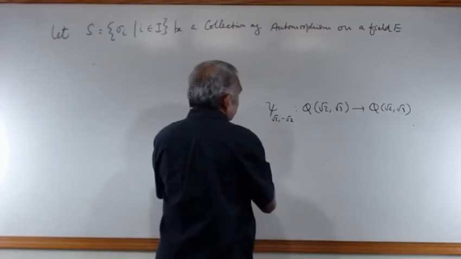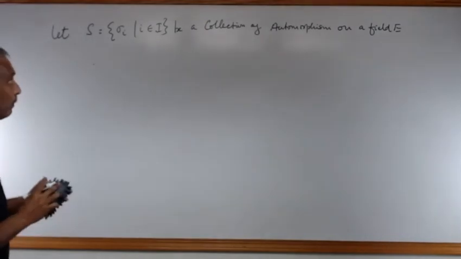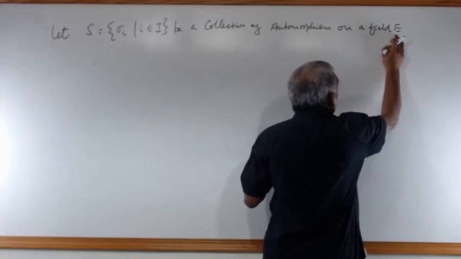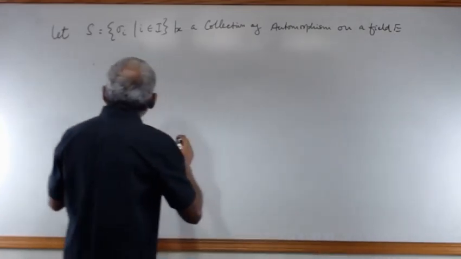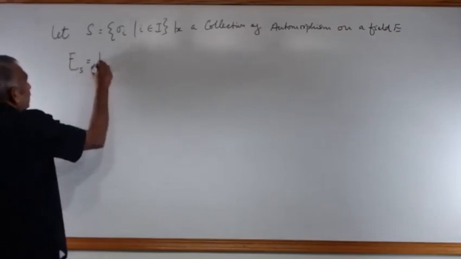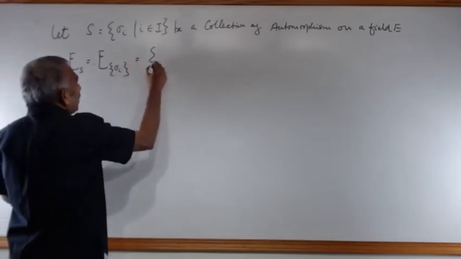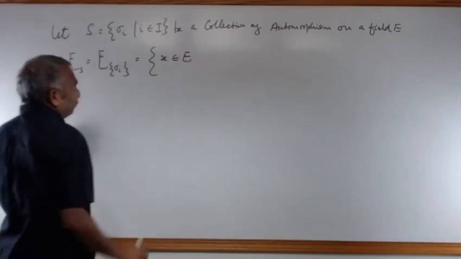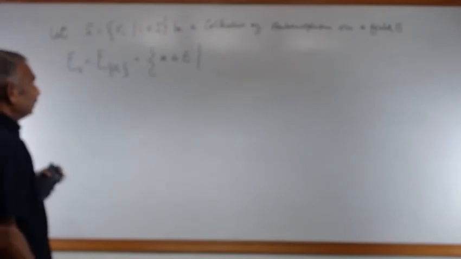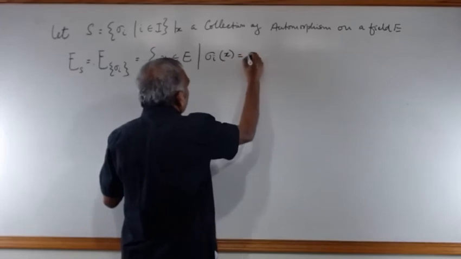Then we are going to define a sub-collection of elements from E. You can say E_S or E sigma i, the elements from E such that it is mapped to itself by all automorphisms.